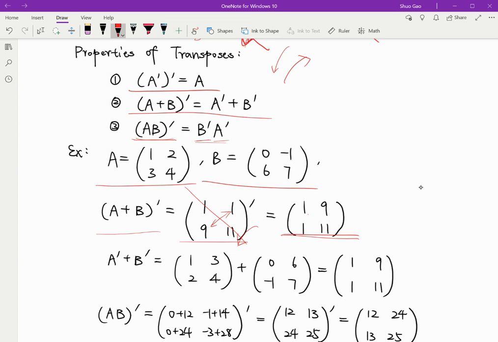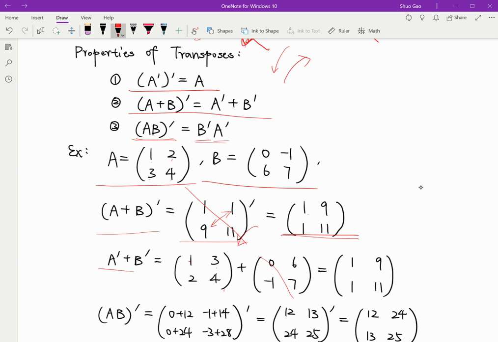And we can calculate A transpose plus B transpose. So A transpose, we interchange the position of the elements here. So 1, 2, 3, 4 becomes 1, 4 don't change, and 2, 3 change the position. And the B matrix is 0, minus 1, 6, 7, a square matrix again.